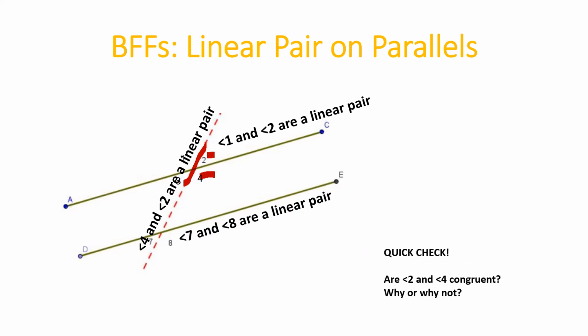And I call them BFFs because they're like right next to each other. So 1 and 2 are right next to each other. 2 and 4 are right next to each other, so they're like BFFs, best friends forever. Okay, quick check. Are angles 2 and 4 congruent? Are they equal? And then why or why not?